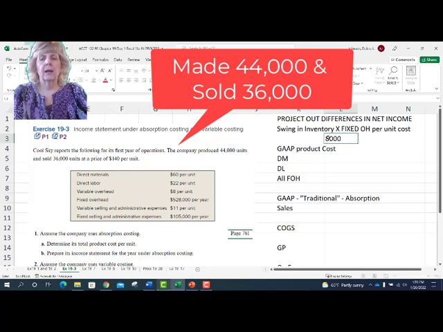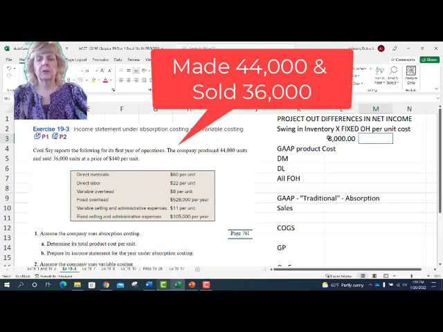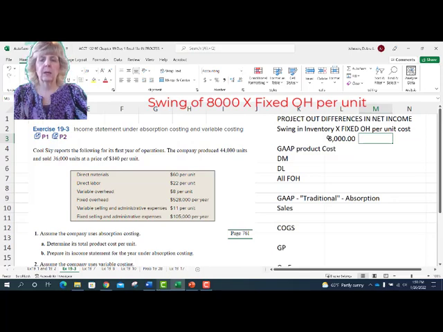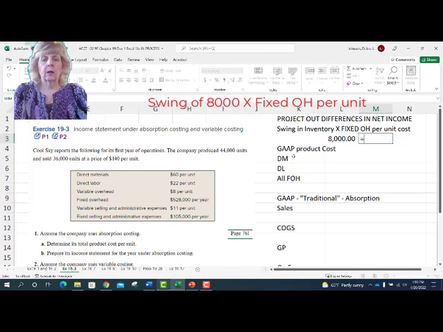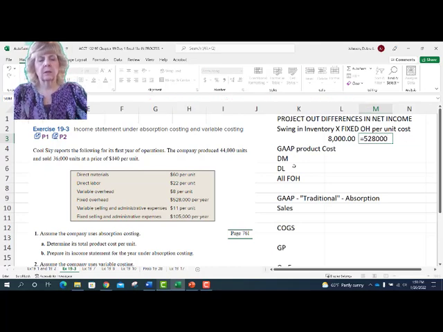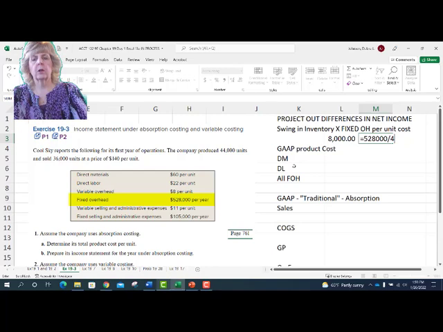I want you to get into the habit of predicting what the difference in net income is going to be. So we have a swing of 8,000 units, and we'll multiply that by the fixed overhead cost per unit. The fixed overhead cost per unit would be that $528,000 that they incurred in fixed overhead costs, and that benefited the production of 44,000 units during the year.